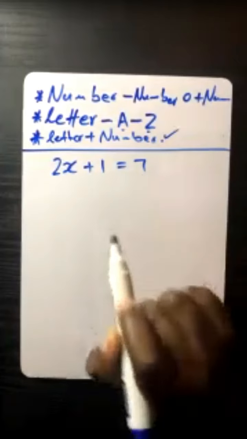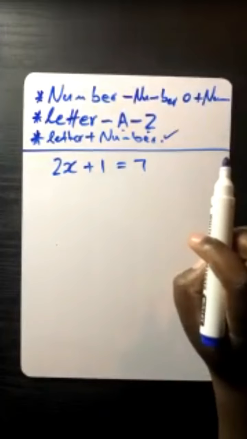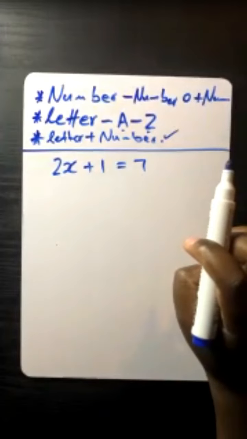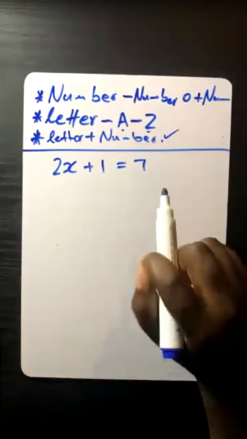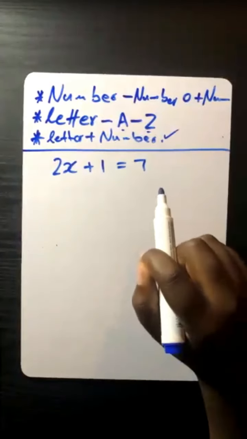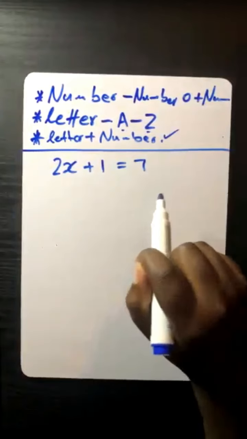Shreyas, in this case, what is the unknown? The unknown value is x. The unknown is represented by the letter x, okay? Which means when we solve, in this case, we solve for the value of x.